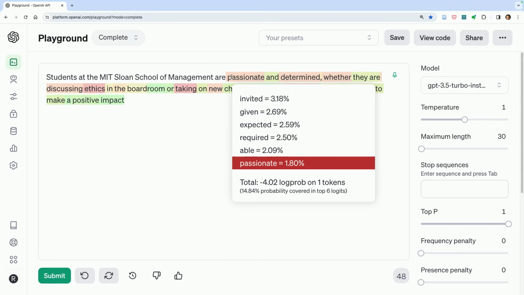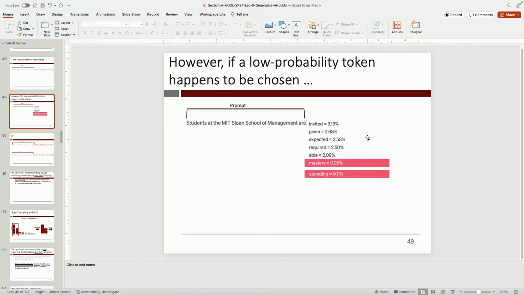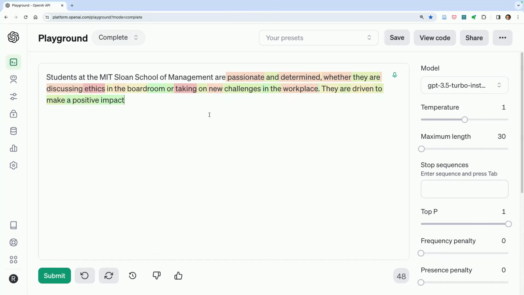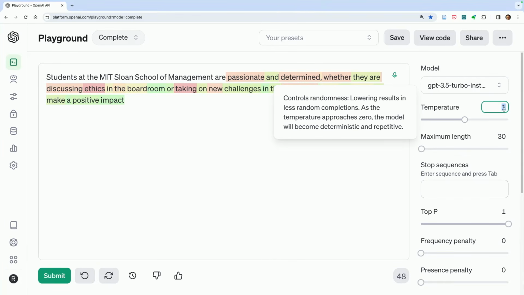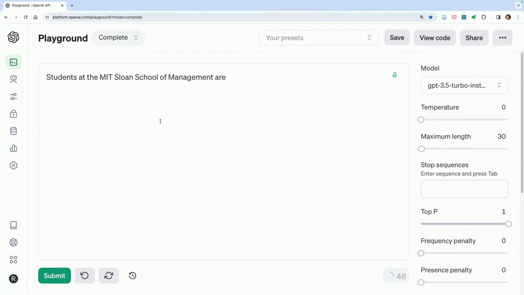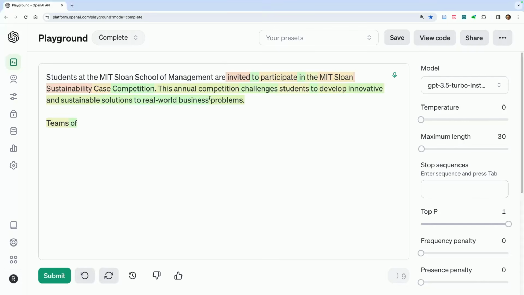Okay, so invited 3.18, that's what we had, right? Invited 3.19, 3.9, okay, close enough. So this is what we have. And now, if you wanted to force it to choose invited here, you just go in there and make the temperature 0. Temperature 0 means it's always going to pick the best one, greedy decoding. So you can hit it again. And it better give you invited. See, it has given you invited.